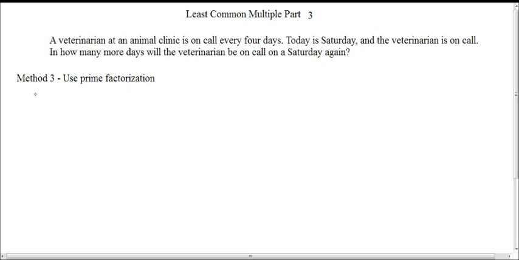So let's put that 1. We want to write the prime factorization of each number.